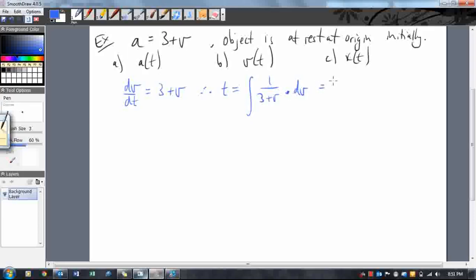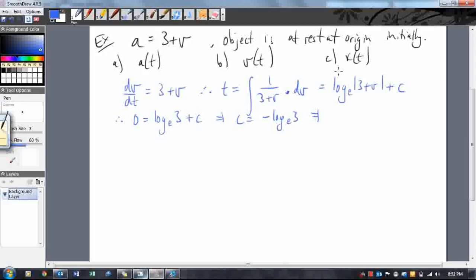Okay, so that's equal to log e of 3 plus v plus c. We know that t is equal to 0 when v is equal to 0, so therefore we've got 0 equals log e 3 plus c, therefore c is equal to negative log e 3. Therefore, what have I got?